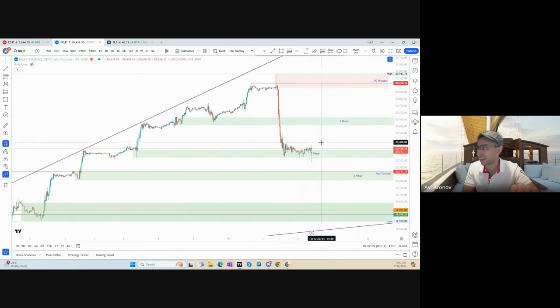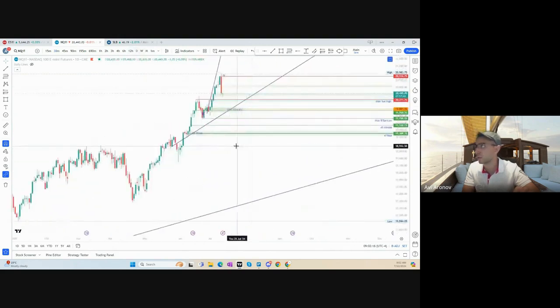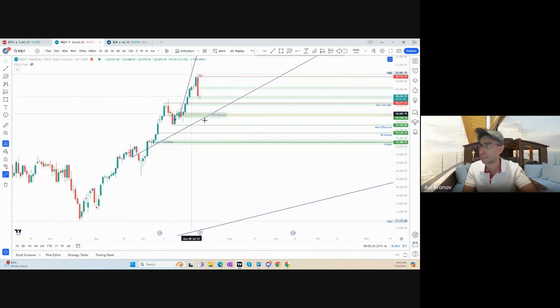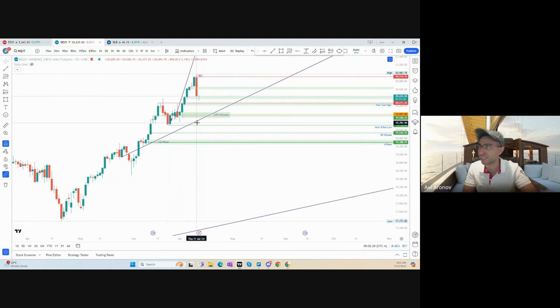The reason that I'm talking right now more about the short is because yesterday was a very, very heavy sell-off of $458. Okay, so we might see continuation of a sell-off.